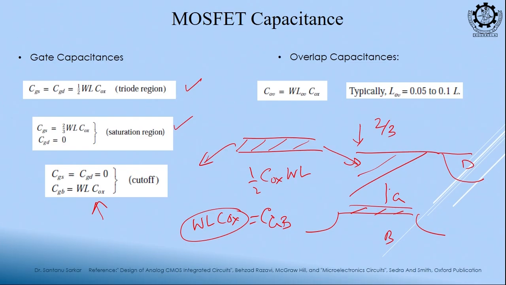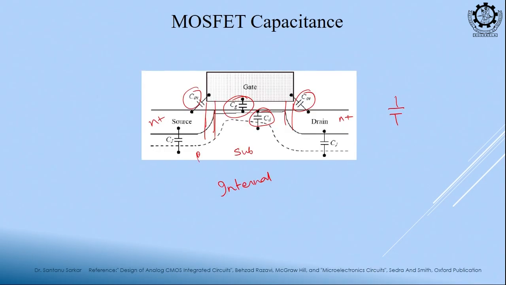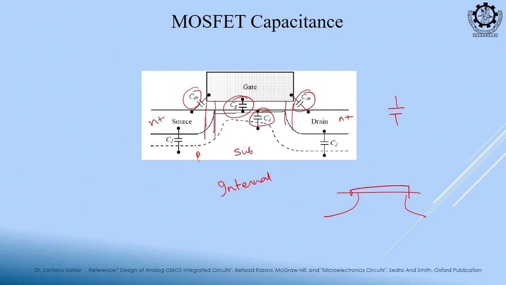And we know that the source region and drain region overlap a little bit. So, here I will be having one overlap capacitance, although very small. Why small?